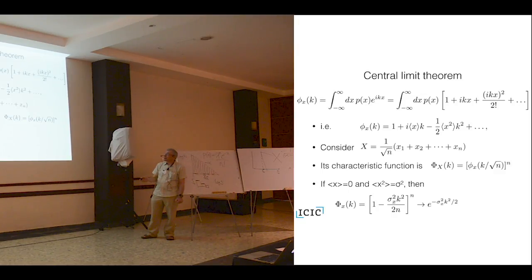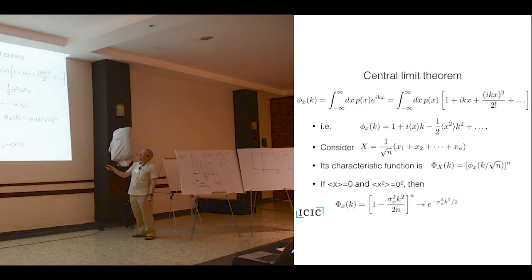So let's make this a bit specific and say, just for simplicity, let's assume that the expectation value is 0 without loss of generality, and let's let the variance be sigma squared. Then, if we just take the first 3 terms in this expansion and ignore everything else, the second term is 0 by the assumption. So the characteristic function is just 1 minus a half sigma squared k squared, and because of the root n here, we need to divide by n.